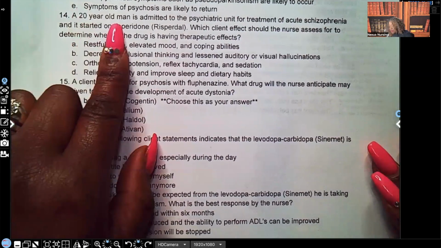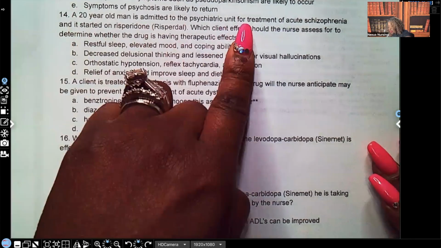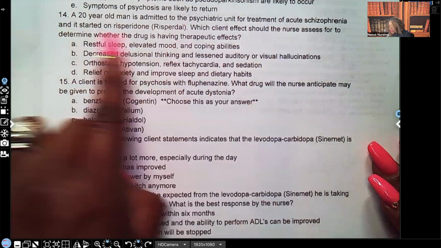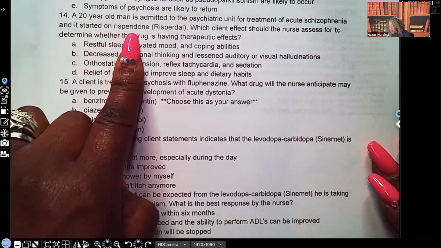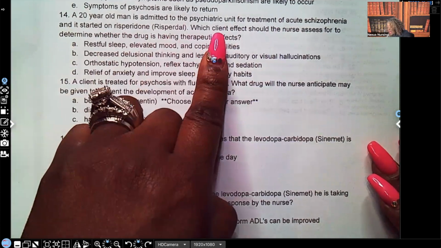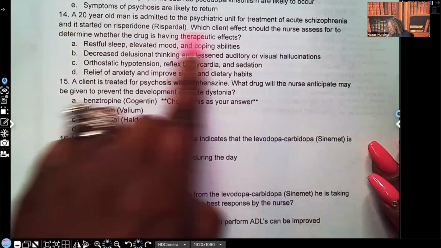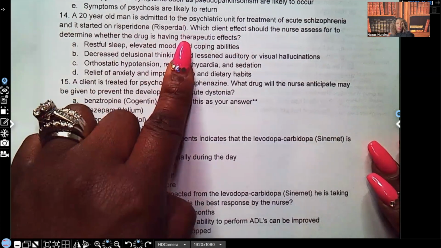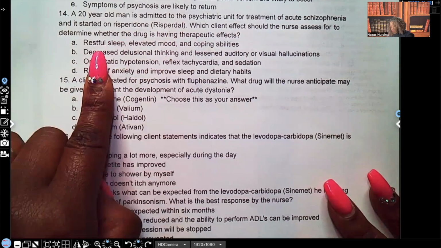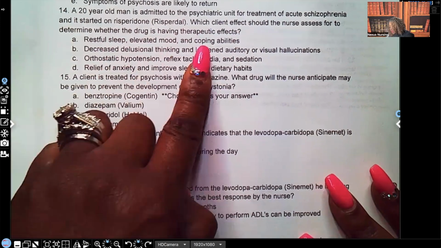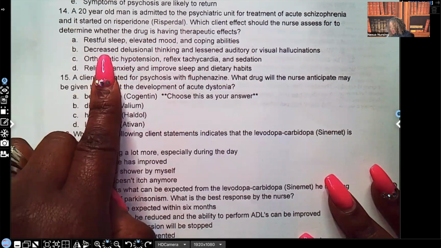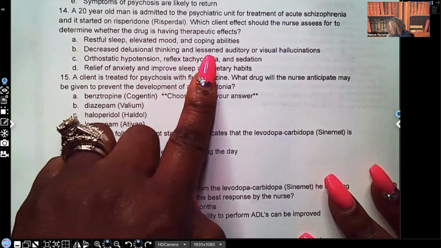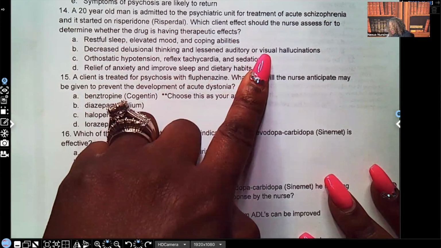A 20-year-old man is admitted to the psychiatric unit for treatment of acute schizophrenia and is started on risperidone, Risperdal. Which client effect should the nurse assess for to determine whether the drug is having therapeutic effects? A, restless sleep, elevated mood, coping abilities. B, decreased delusional thinking, lessened auditory or visual hallucinations.